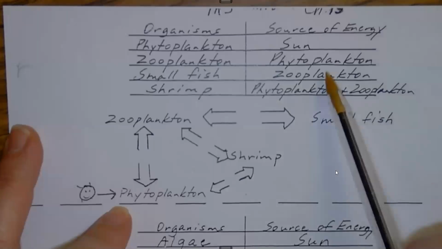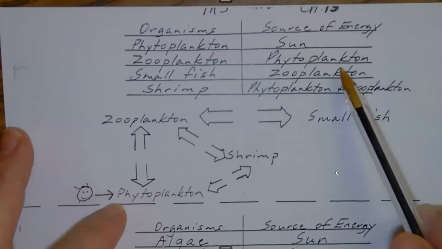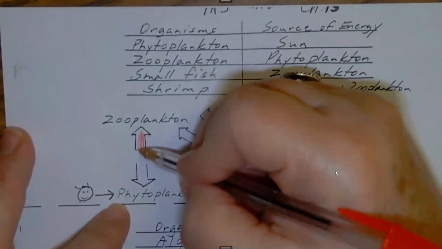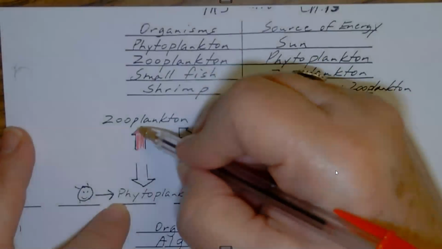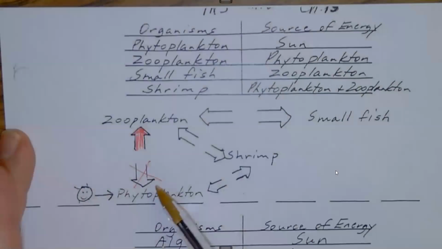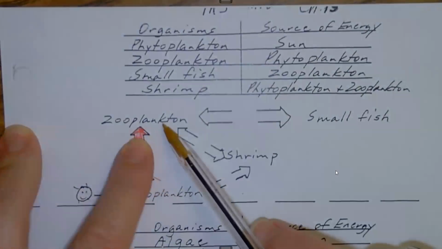Remember, our arrows go the way of the energy. It says the phytoplankton is the energy for the zooplankton. So that means I want this arrow to stay and that arrow to be gone. Because that arrow shows that the phytoplankton is being eaten by the zooplankton.